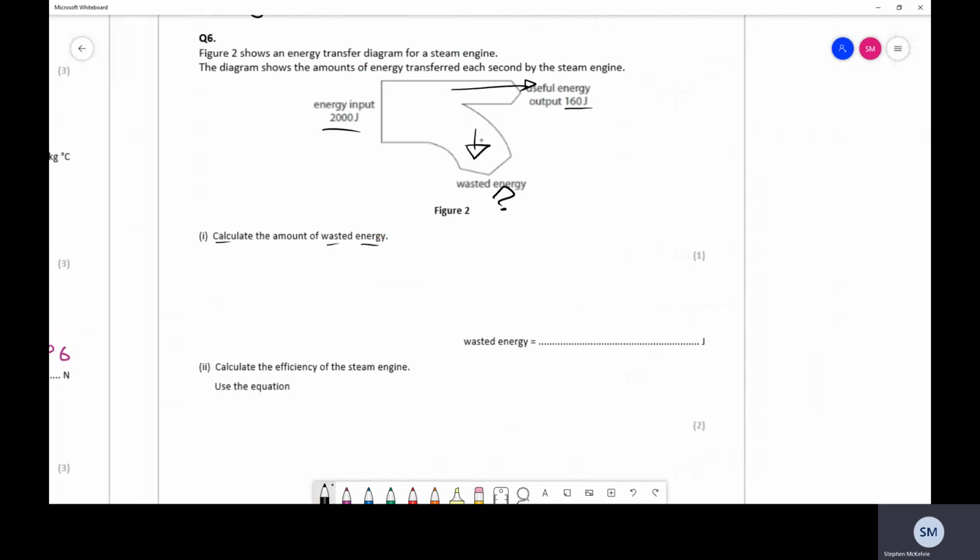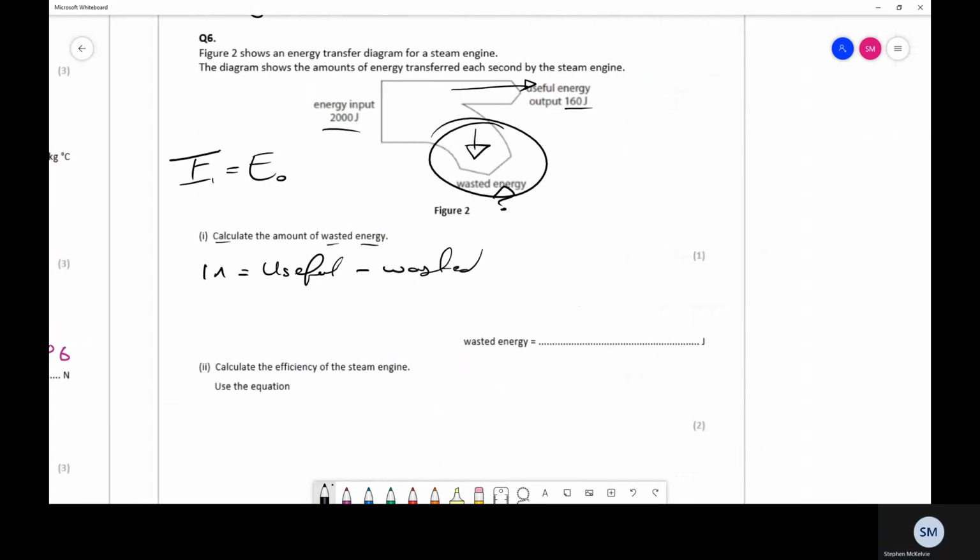So to do that, I need to figure out how much this number is. Remember that energy cannot be created or destroyed, so the total amount of energy into the system will equal the total energy out of the system. The amount of energy in will equal the useful energy plus the wasted energy.